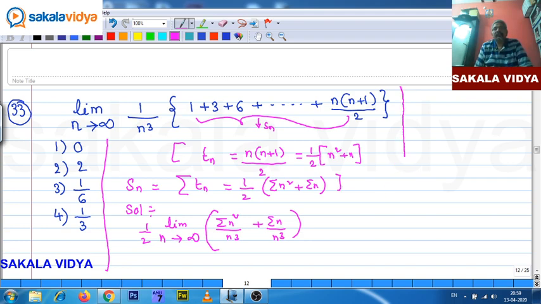Now I will explain one important shortcut that you all need to remember. Limit n tends to infinity, sigma n to the power of k by n to the power of k plus 1 is 1 by k plus 1.